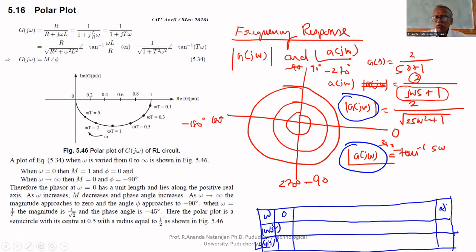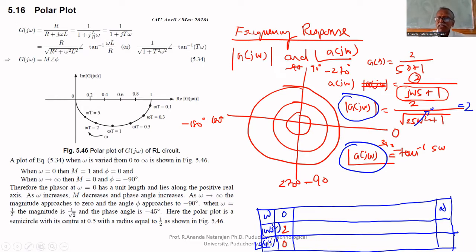If you substitute omega equal to 0 in the magnitude, you will get 2 is the answer. When omega equal to 0, what is the angle? If you substitute omega equal to 0, the angle also 0.